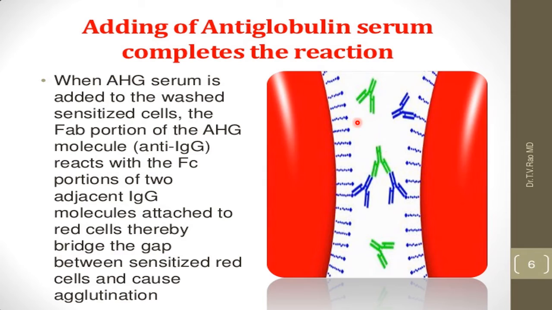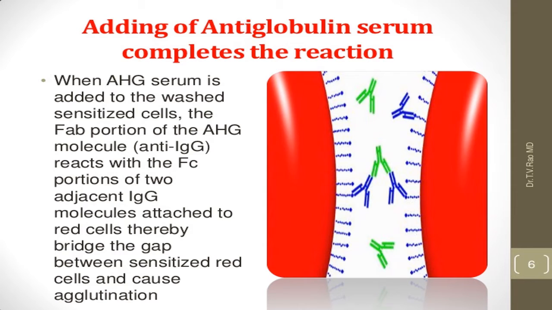So when anti-human globulin is added to the washed sensitized red cells, the FAB portion of the anti-human globulin molecule reacts with the FC portion of the IgG, the incomplete molecule, which is already attached to the red cell, thereby bridging the gap. They bridge the two antibodies and bring the sensitized red cells together, and agglutination is seen.